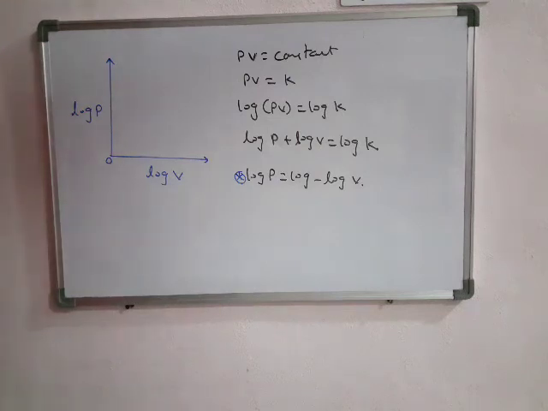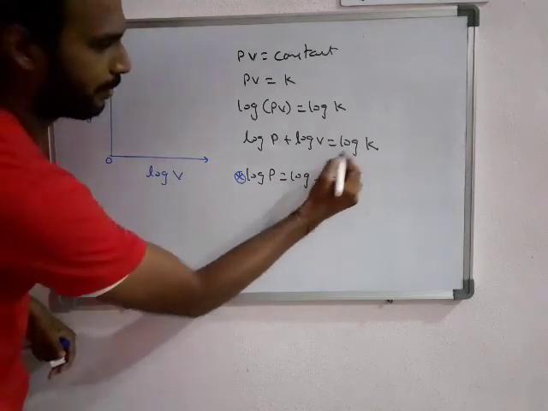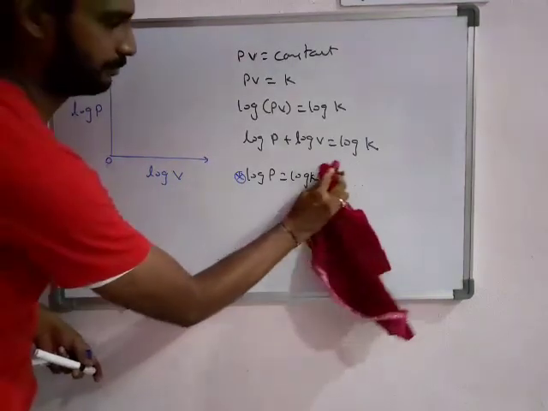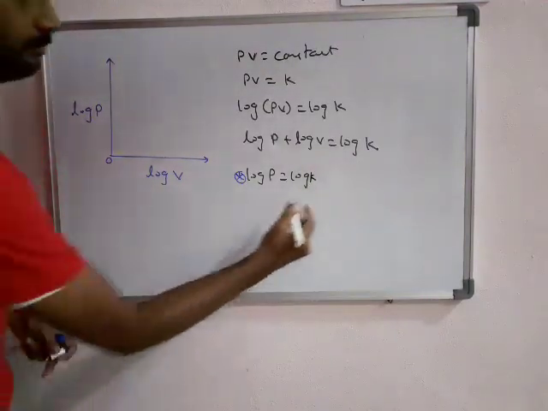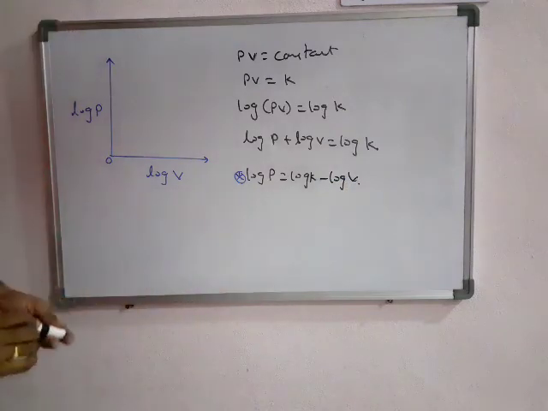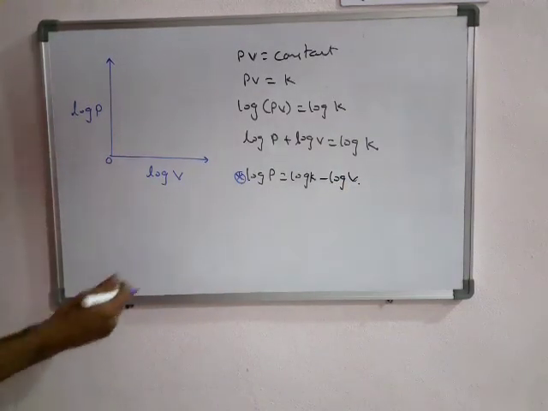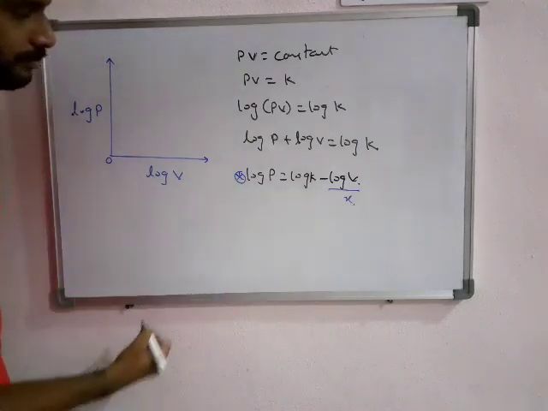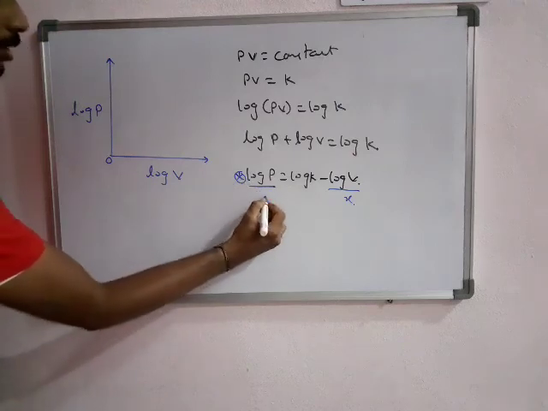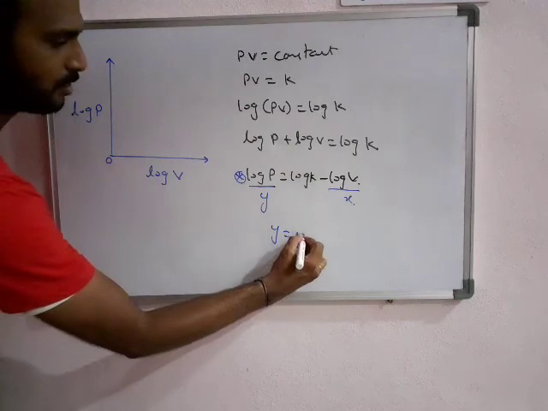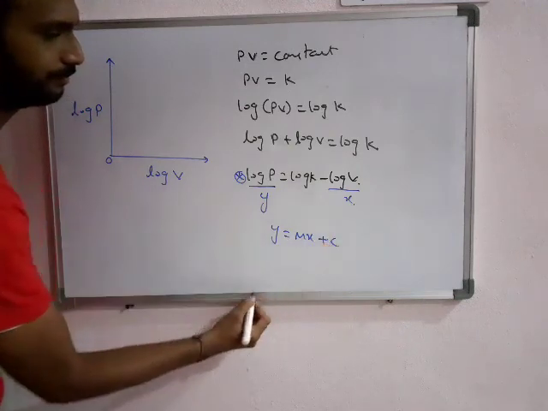So which type of graph can be expected? Here we have log K. On the x-axis we took log V, and on the y-axis we took log P. Generally we know the equation for a straight line, y is equal to mx plus c.